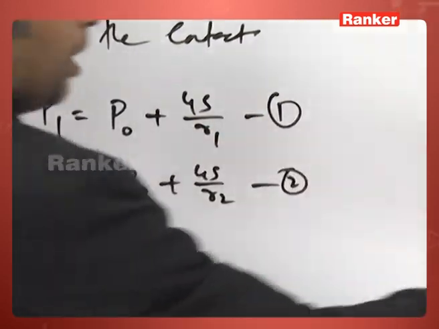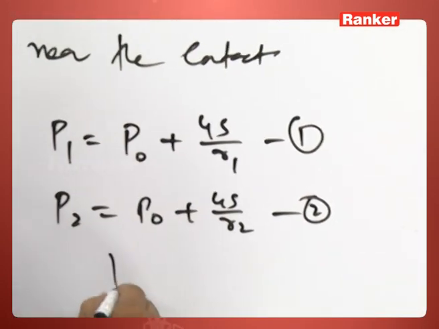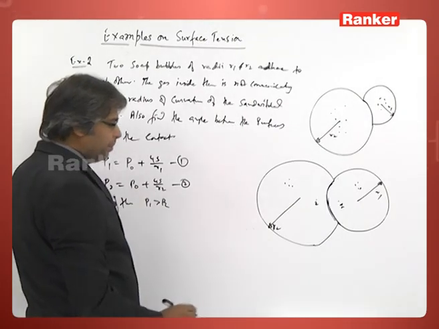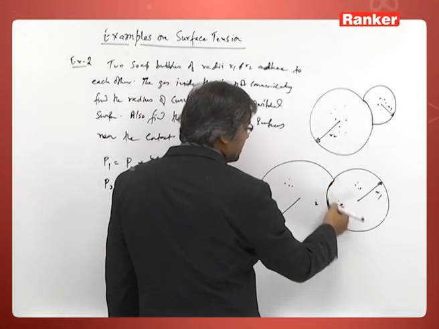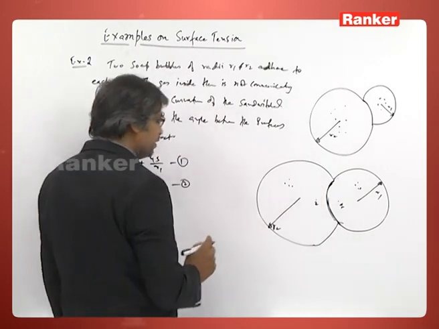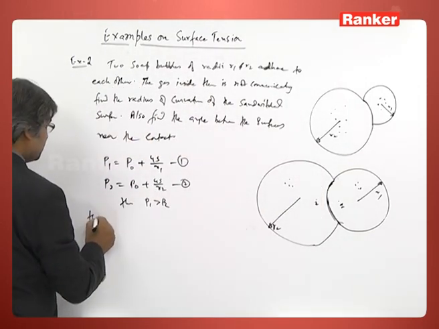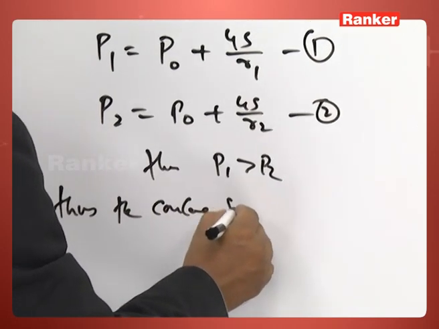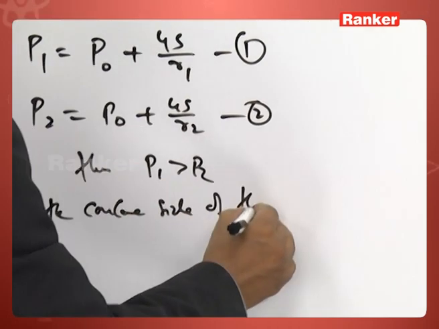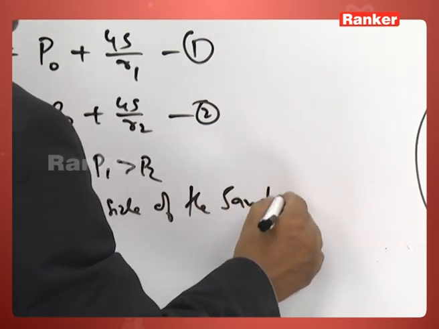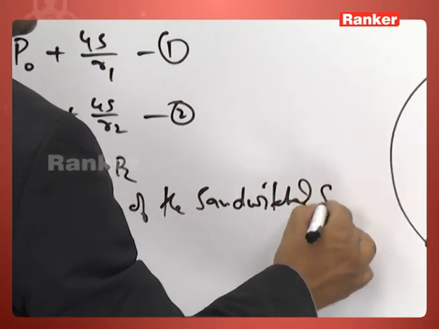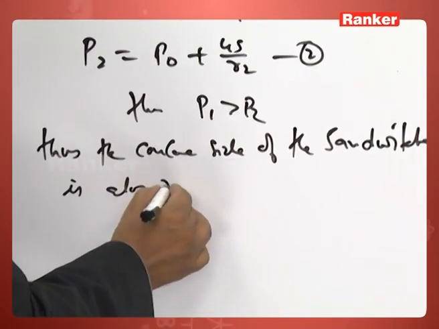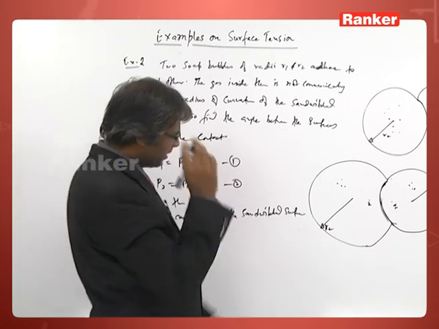Now this one is smaller, so P1 is larger than P2. That means the concave side is here. Thus the concave side of the sandwiched surface is along R1, in that circle.